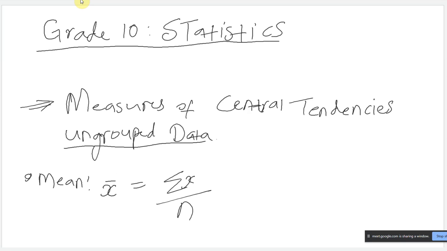But we also apply the same concept to find the mean of the data, the median of the data, the mode of the data, and we can find the range, the maximum or minimum. We can all do that.